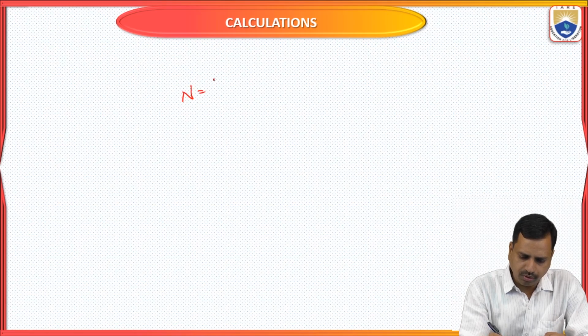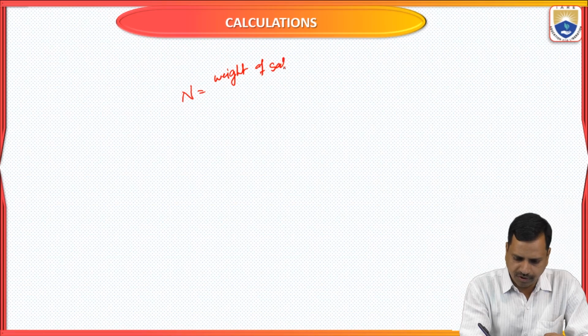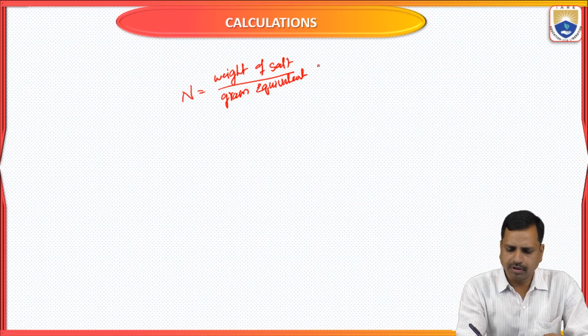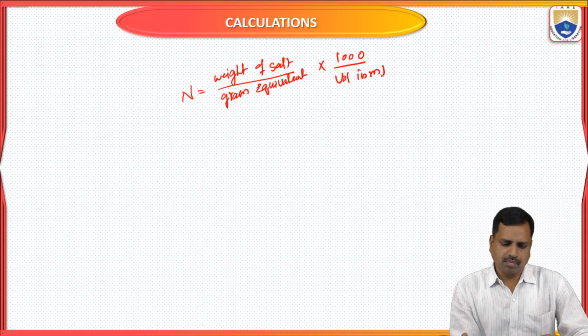Normality is equal to weight of solute or weight of salt by gram equivalent weight, into 1000 by volume in ml. By using this formula, we'll calculate.